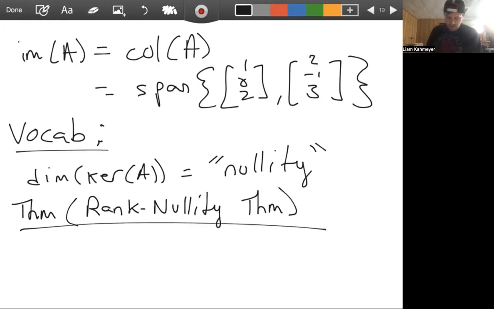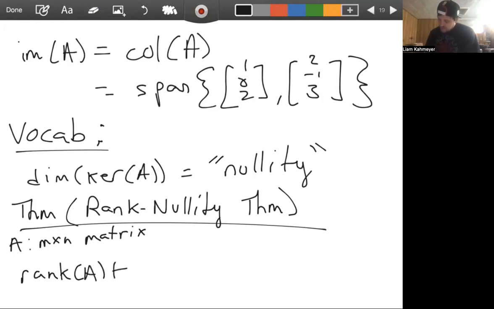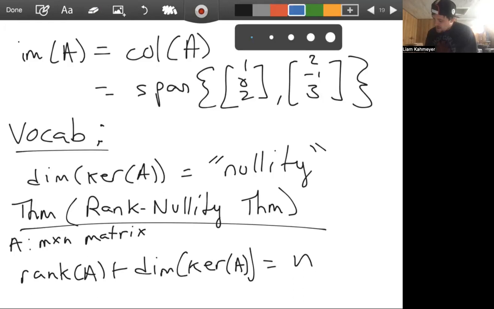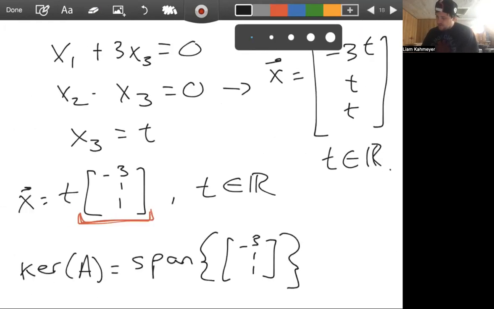The rank nullity theorem says that if A is an M by N matrix, then the rank of A plus the nullity, which is the dimension of the kernel of A, is always N, right? In here. Let's verify this in our previous example.